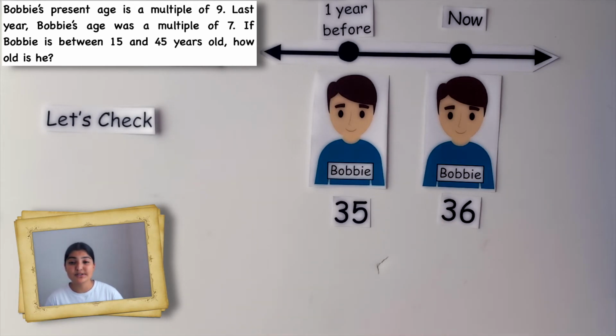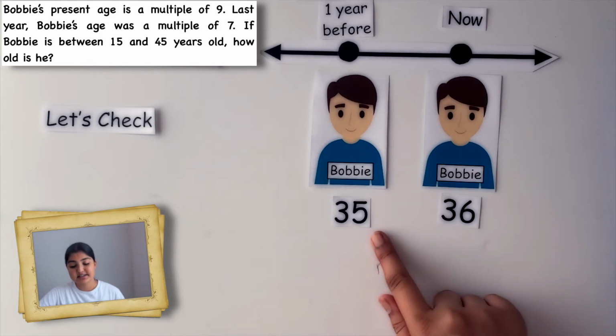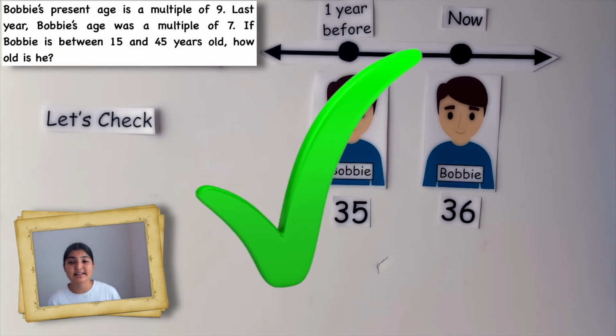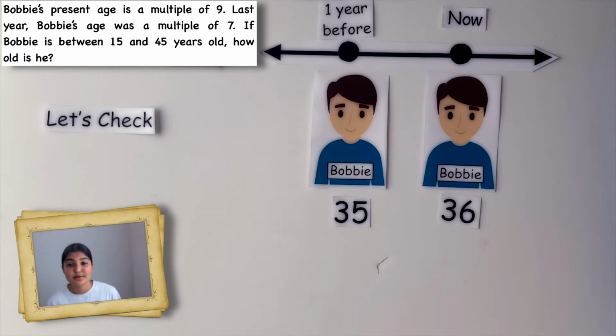The problem also tells us that last year, Bobbie's age was a multiple of 7 in the same range. And 35 is a multiple of 7 between 15 and 45. So, our answer is correct. Bobbie is 36 years old now.